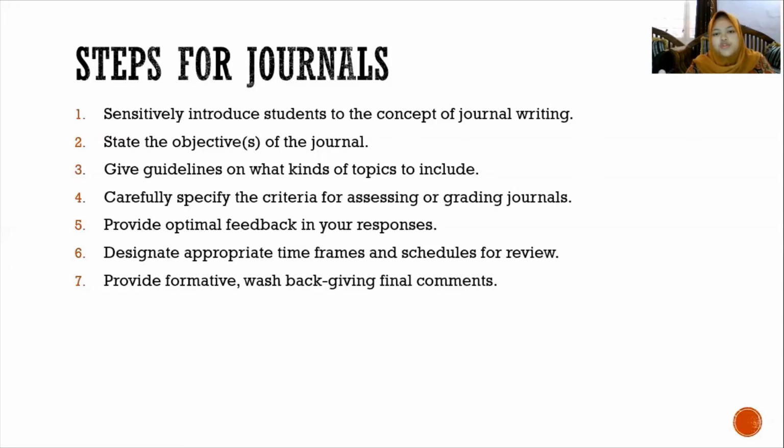So the teacher should give feedback continuously to the students. For example, in the middle of the period of time, or maybe there is a time the teacher gives a consultation and like that.